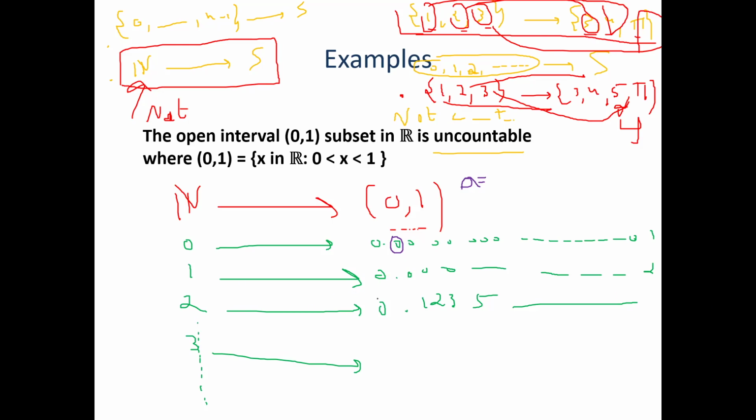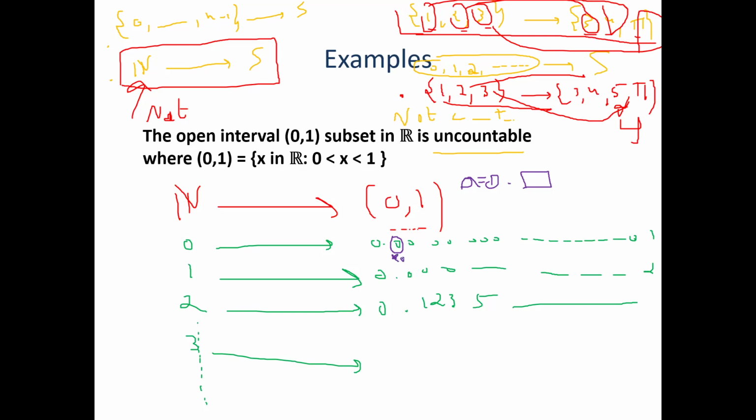This green stuff, we assume that all the numbers have been covered using a bijection. So let's build this number in this way. The first digit of this, so it's 0 point something, the first digit after the decimal point, is going to be related to this guy.